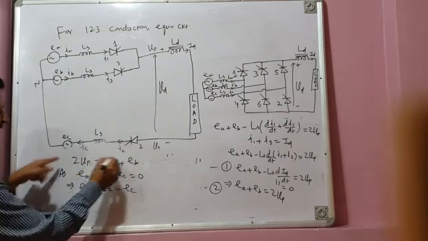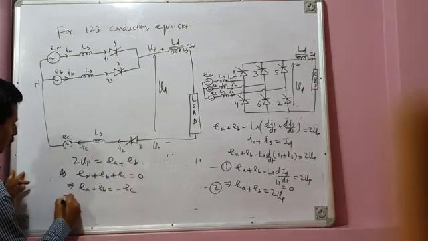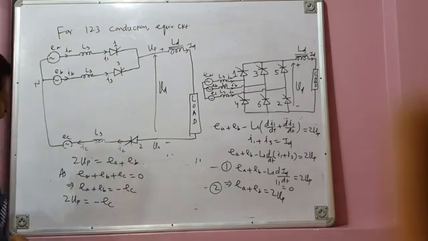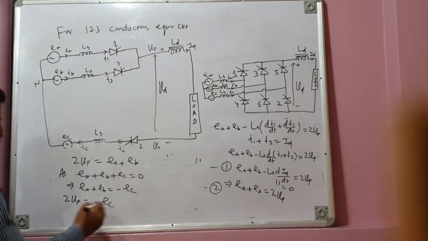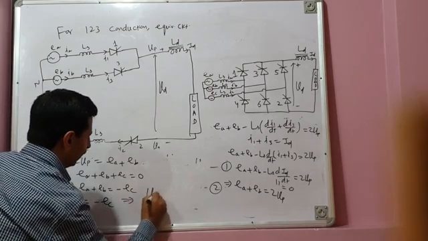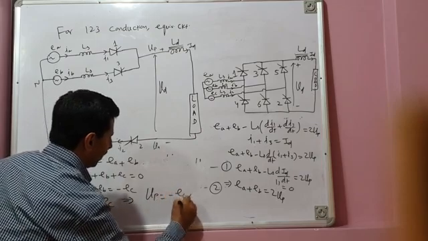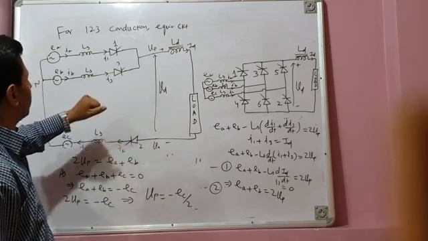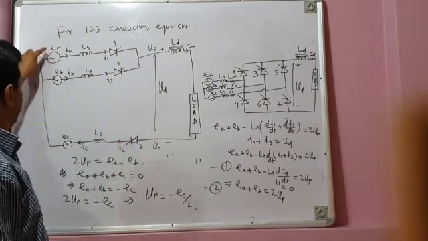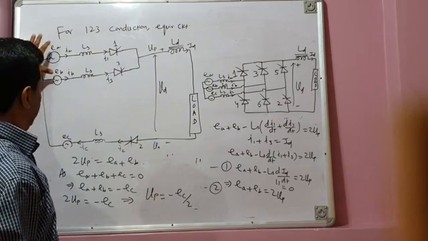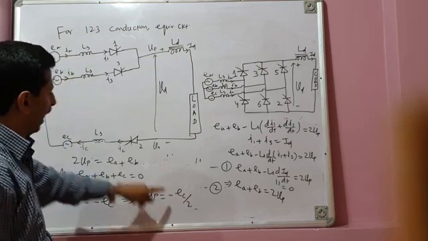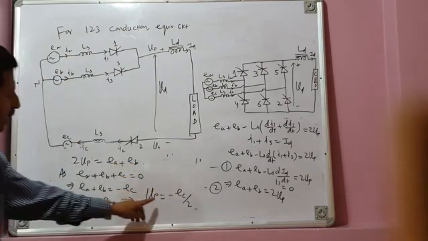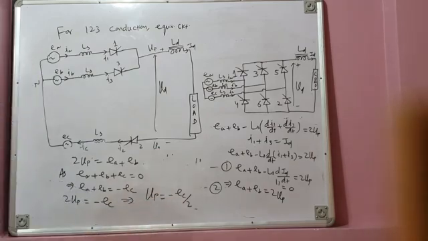Therefore from this equation I get 2 Vp is equal to minus EC, so the positive bus voltage Vp is equal to minus EC by 2. Therefore my positive bus voltage is not equal to EA, nor to EB. It is equal to minus EC by 2 from this mathematical computation.